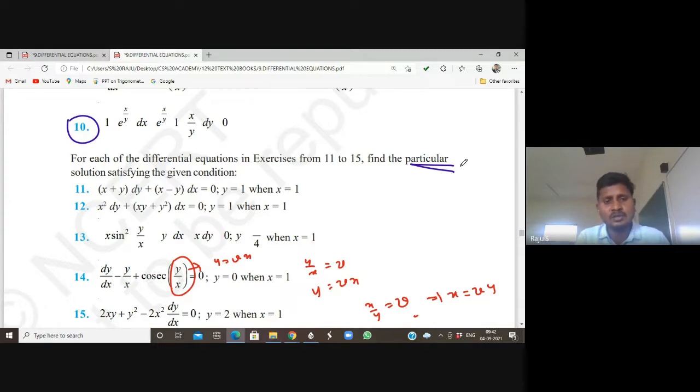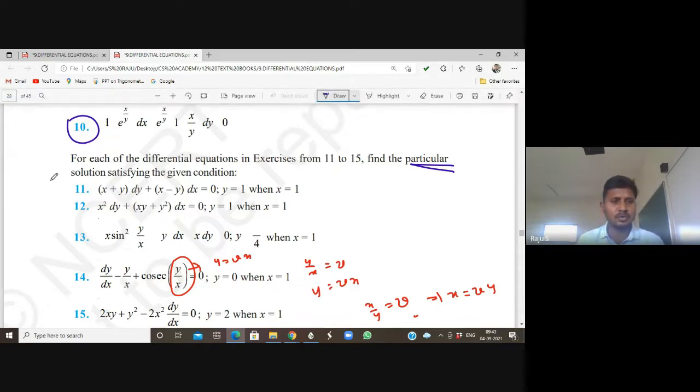In the above questions, we got the c value, yes or no? Here also we first find the general solution. At last, you can replace x and y and we'll get the particular solution. Same, but how to find the general solution? As it is, change it to standard form. After changing into standard form, then substitute.